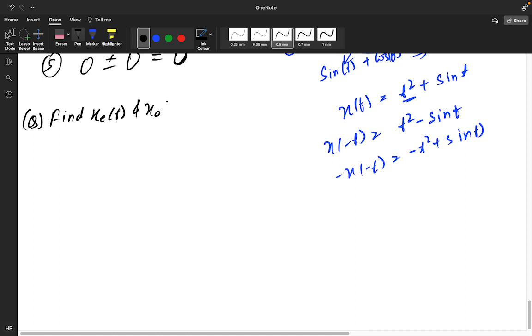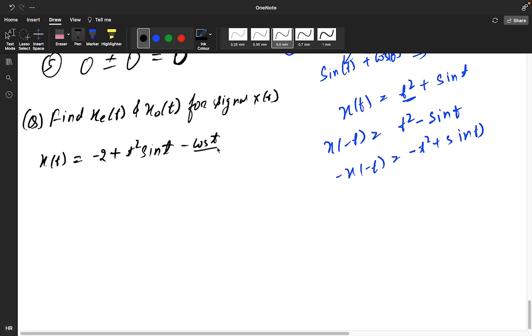The signal is minus 2 plus t square sin t, minus cos t divided by t cube, plus t cube divided by sin t cos t.